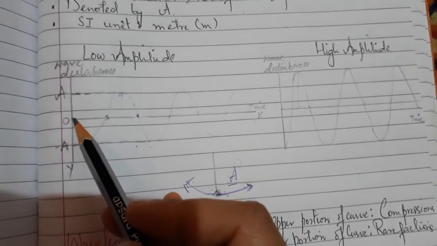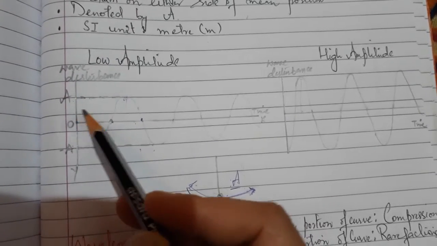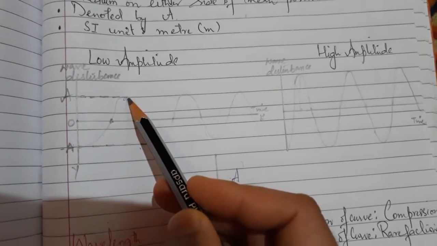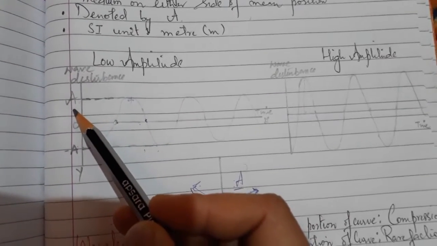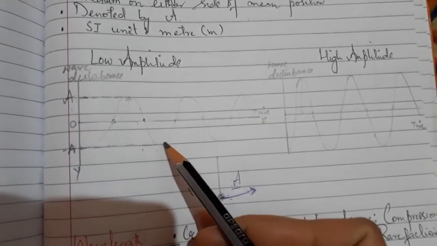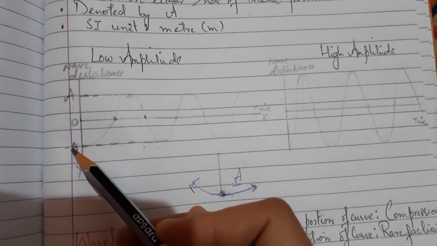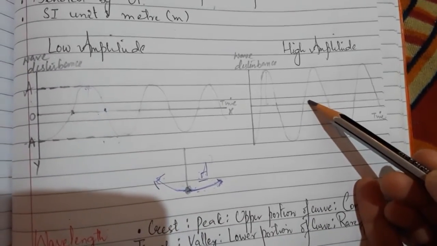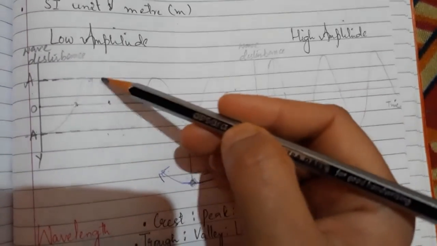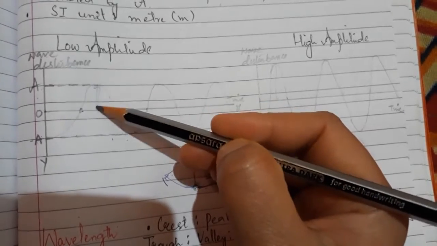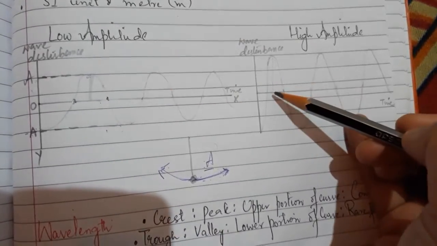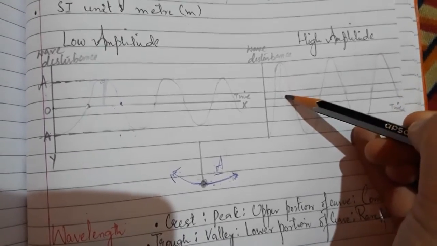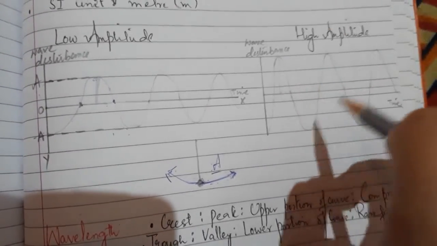This represents its mean position, and here the amplitude is 0, and this is the maximum distance traveled, and the amplitude is going to be A, positive A, and here it is going to be negative A. Now if the amplitude is very high, the plot will be like this, and see here the distance traveled is less, so amplitude here is less, and the distance traveled here is more, so this is the high amplitude here. This is all about amplitude.